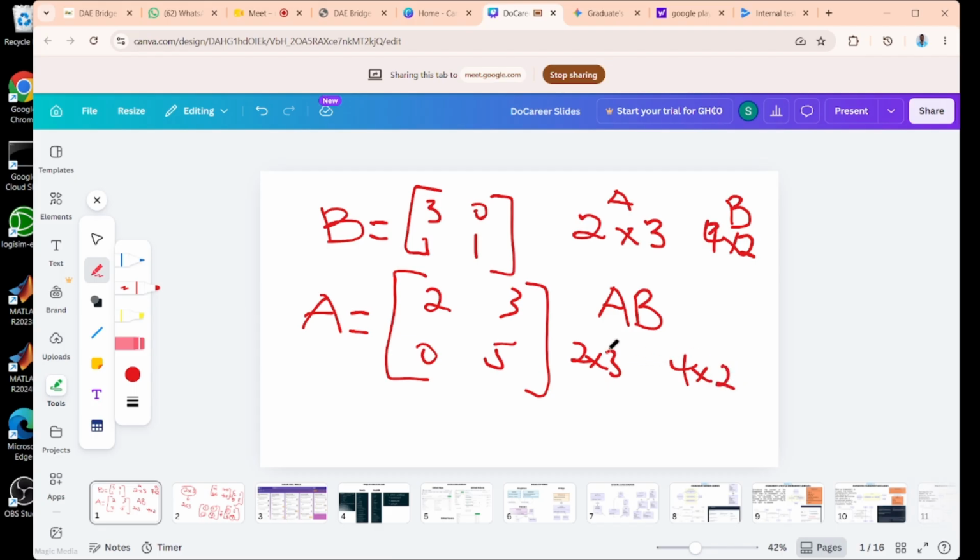This is not possible because the ending of this one is not equal to the beginning of that one. But if we swap them and do B times A, then B is the leading one, 4 by 2, and A is 2 by 3. Now the ending of this one is the beginning of that one. Therefore BA is possible, but AB is not possible.